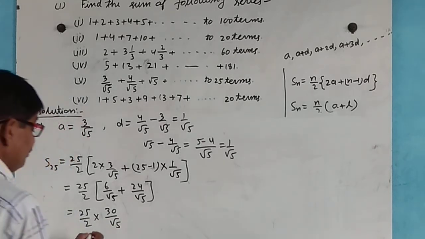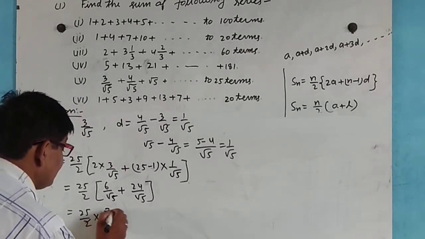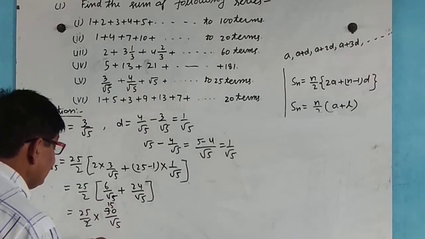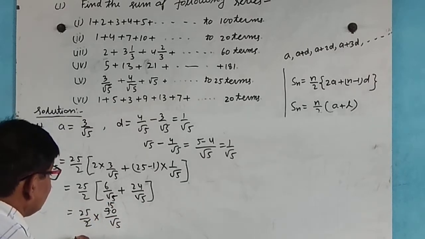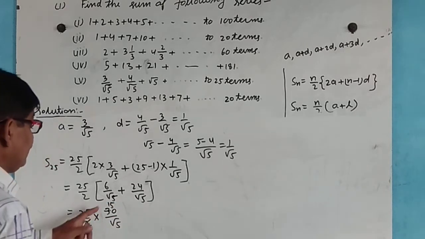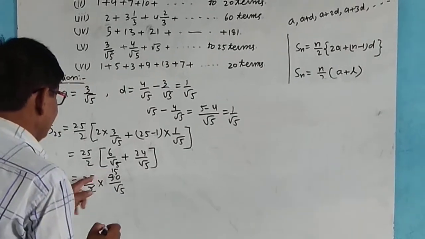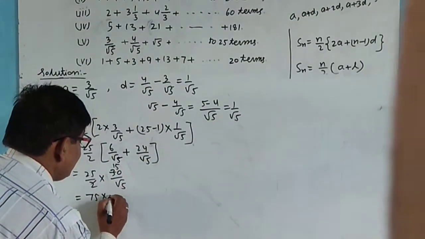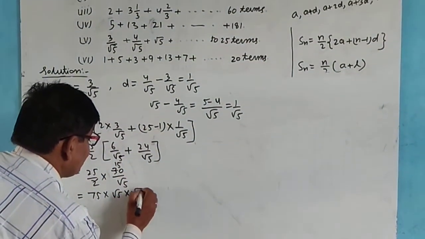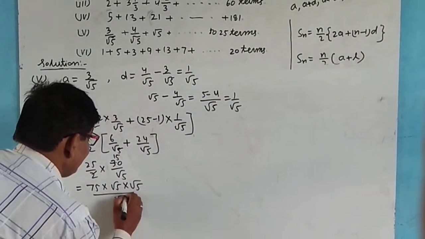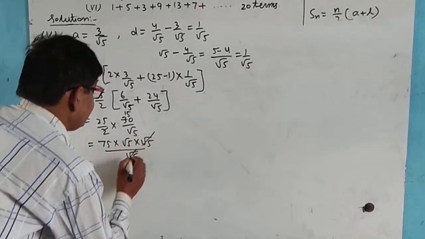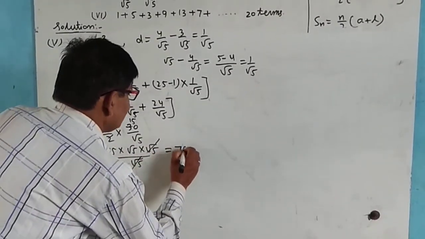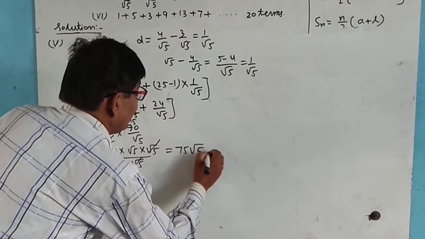Now this can be written as 15 and this can be written as 75 into root 5 into root 5 divided by root 5, one is cancelled. This is equal to 75 root 5.